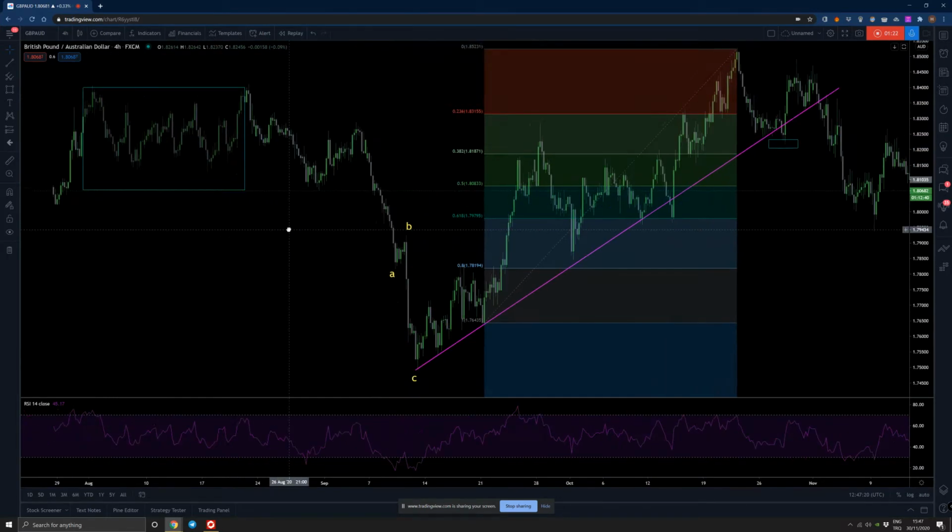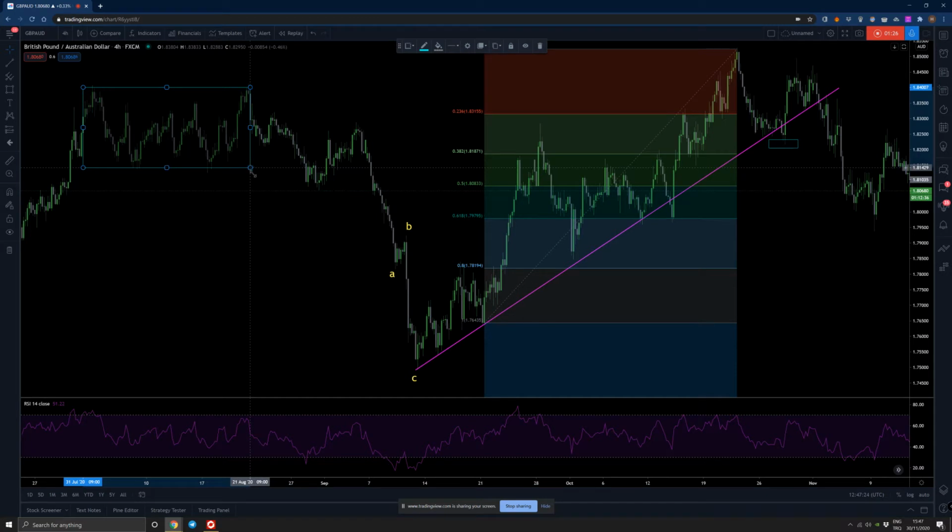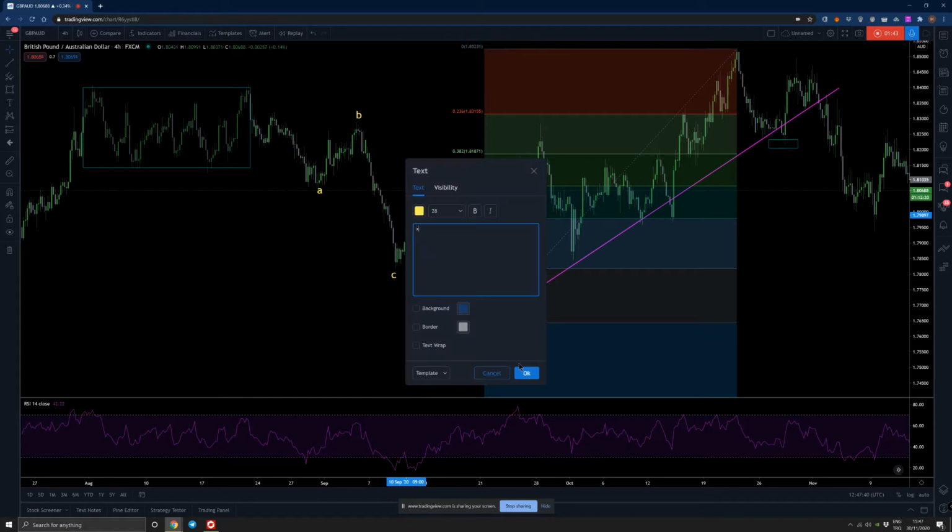So, what to do? Well, then let's change this consolidation period a little bit in a different way so that we can have a different perspective of what's going on. Okay, so what if we have something like this? So we have an A, B, and a C wave here, and an X wave here.